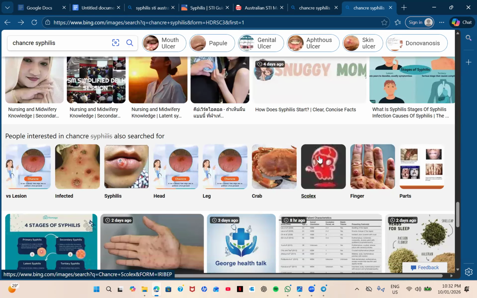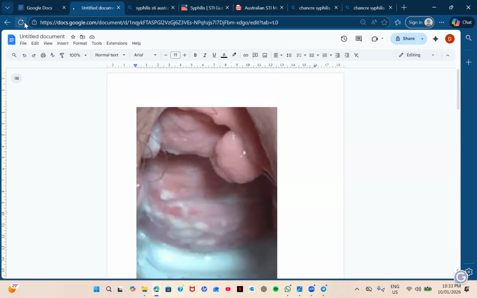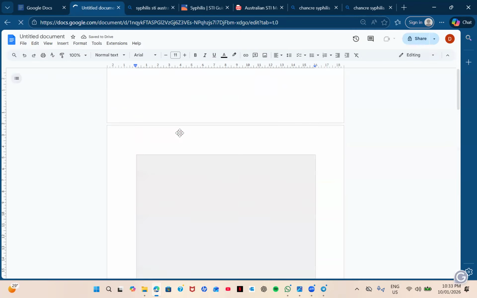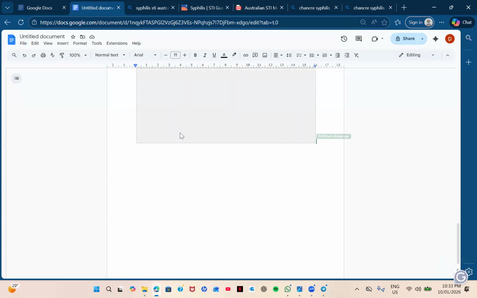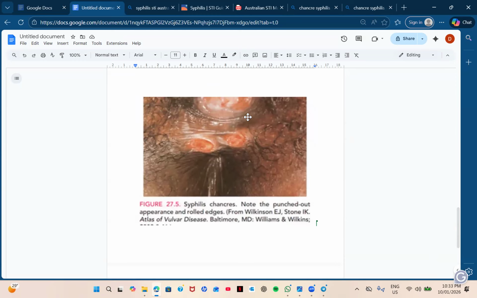I'll add some pictures in that PDF. Here you can see the chancre appearance. I'll explain what the appearance is, okay? For now, please remember the picture. Okay, this is the chancre picture.